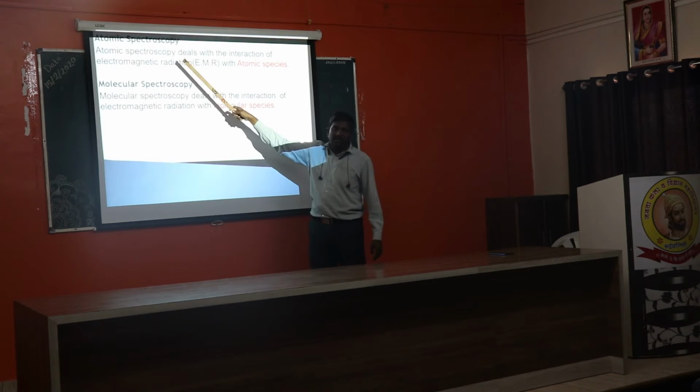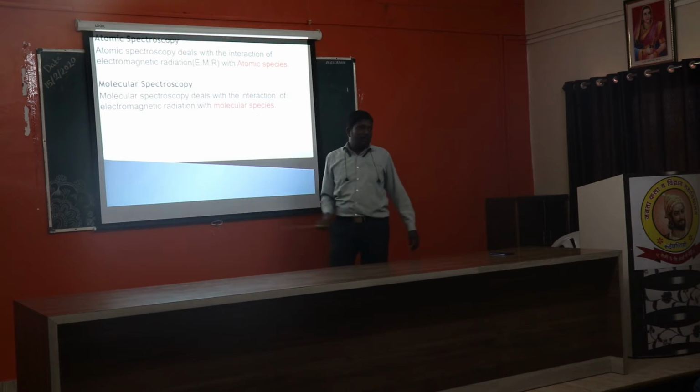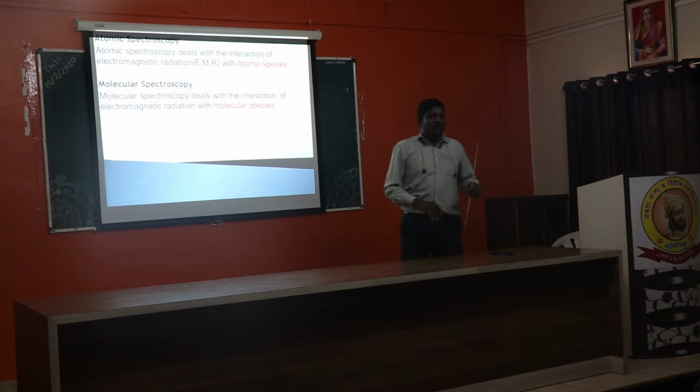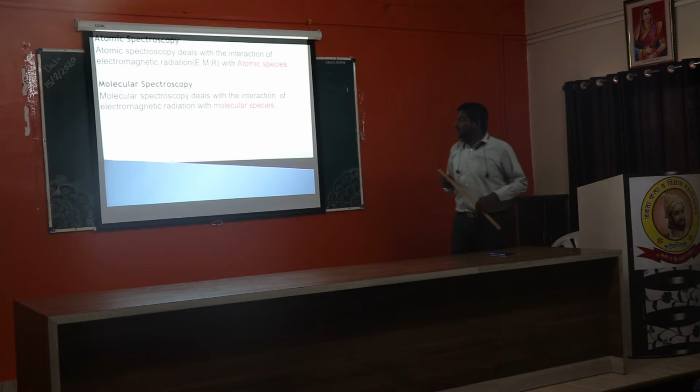In this way it is divided into two types. The electromagnetic radiation is the same in both terms. There is only one change, that is the atomic species and molecular species.